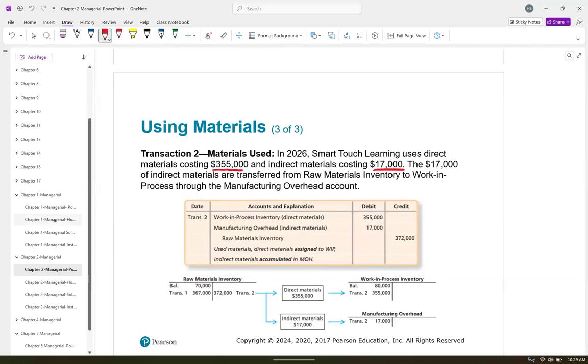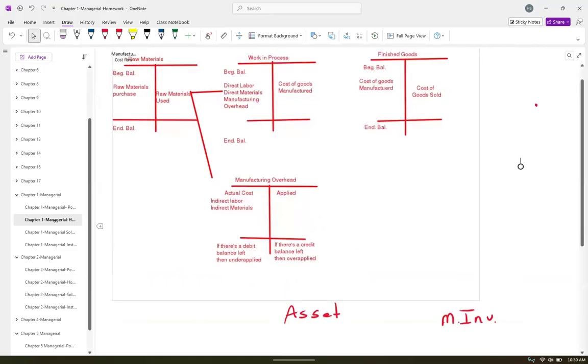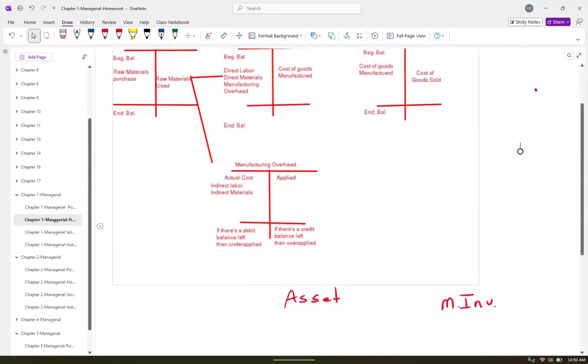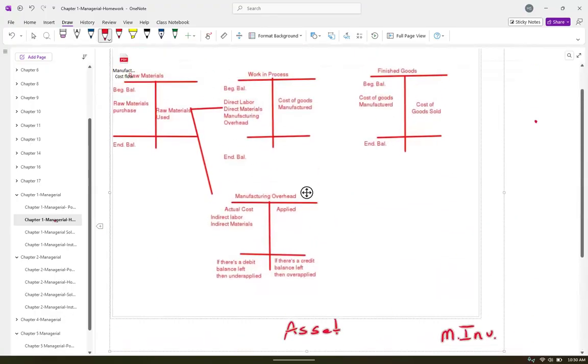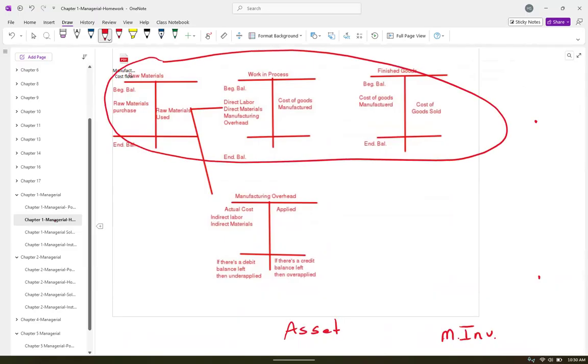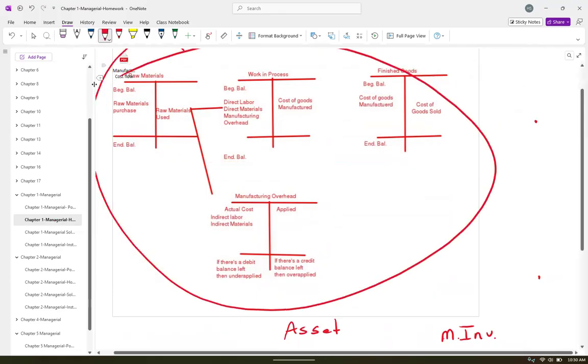All right, I'm going to come up here because we are looking at this just a little bit differently. When I did this in the first chapter, I didn't have an extra T account for manufacturing overhead. Okay, so I always kind of say this is chapter one. And then all of this together is chapter two. Okay.